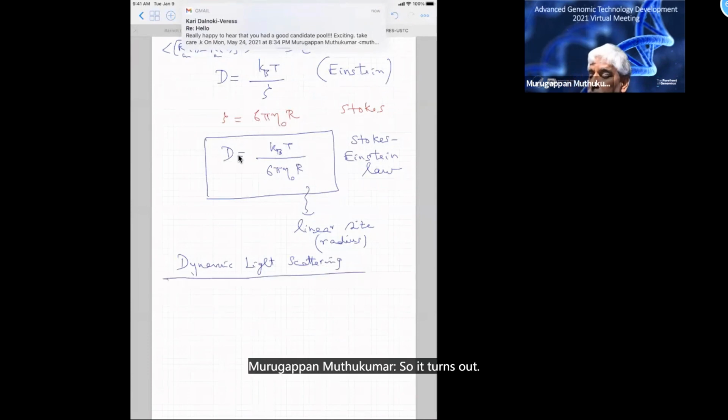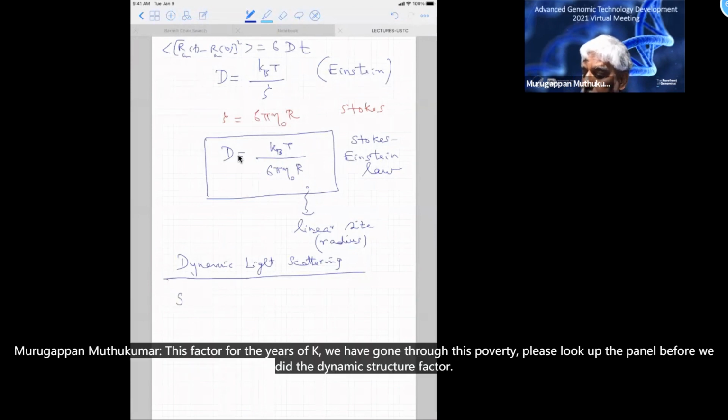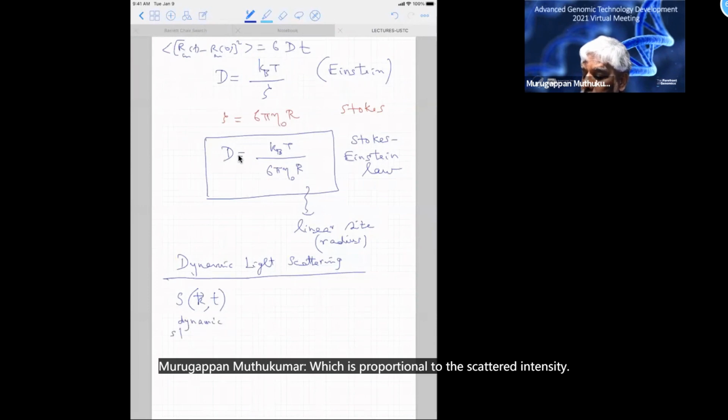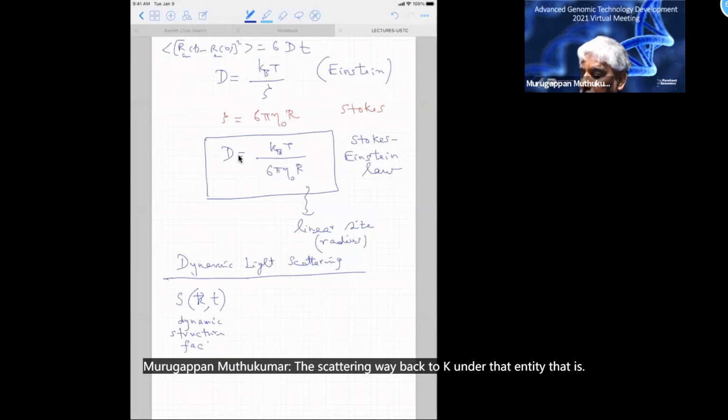The dynamic light scattering can be written in terms of the structure factor S of K. We have gone through this already; please look up the handout from before. This is the dynamic structure factor, which is proportional to the scattering intensity at the scattering wave vector K and at time t.